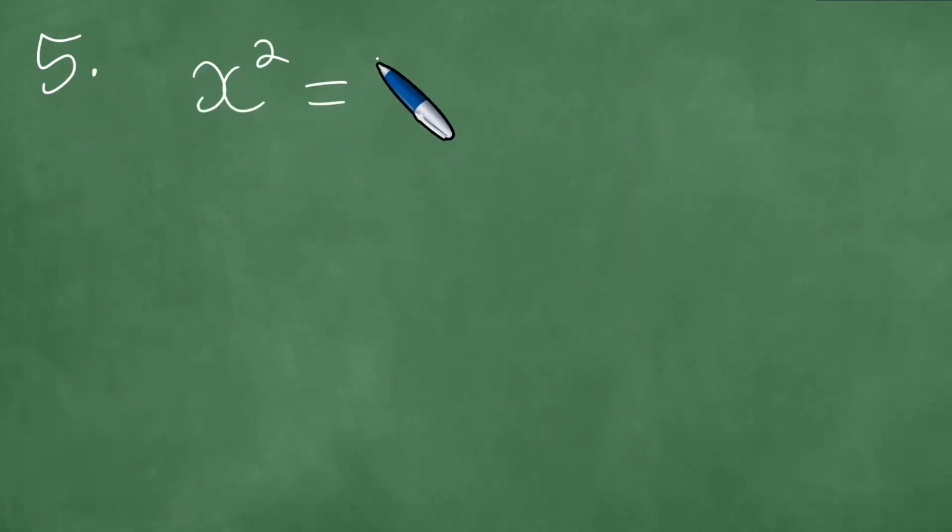Right, number 5. We decided to give you x squared equals 16x. What's the answer? I'm giving you a minute. Try it in your book.